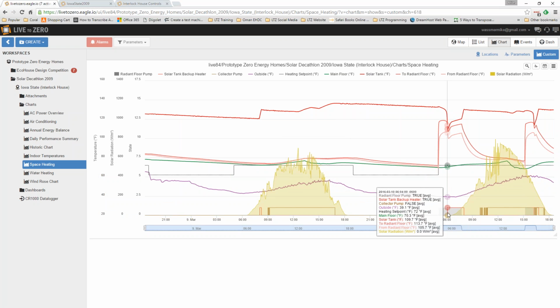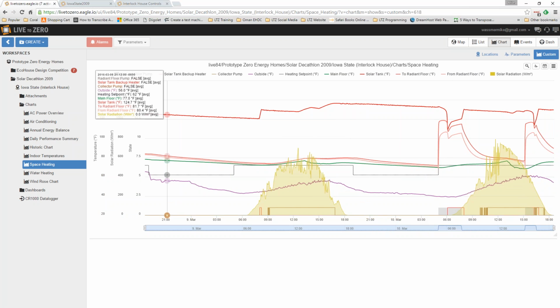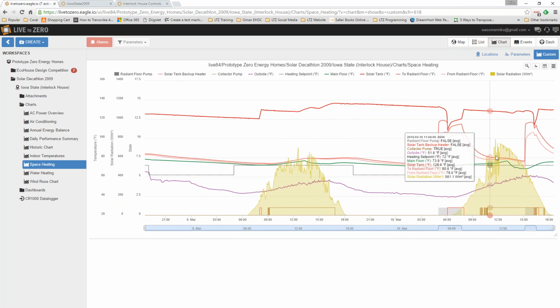But the key thing here to realize is that, first of all, think about how much electricity is wasted by having this. The red line again indicates that the backup heating element in the tank is on. And that's because not enough solar was collected during the previous day to provide all the heat that was needed to heat the building up.